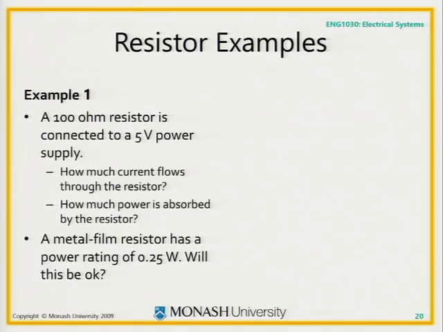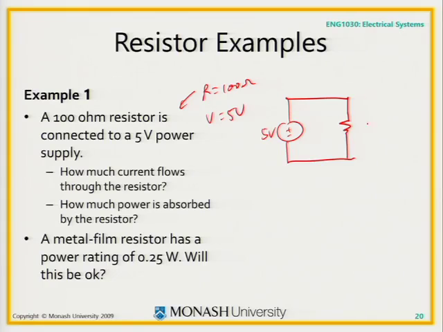Okay, let's have a look at a quick example. Let's say you've got a 100 ohm resistor, so R equals 100 ohms, connected to a 5 volt power supply, so V equals 5 volts. What does that look like? You've got plus minus 5 volts here, and we're connecting that directly to a resistor of 100 ohms.